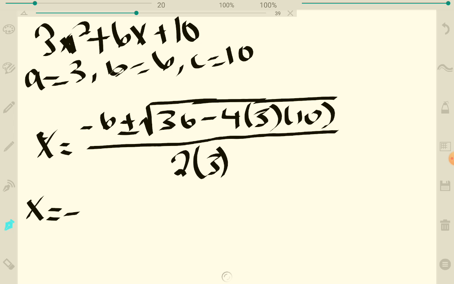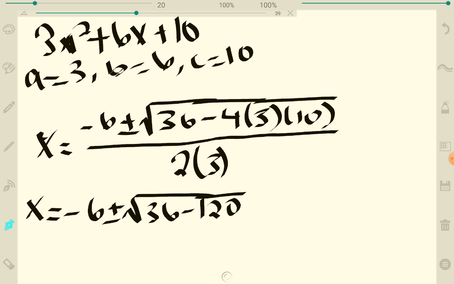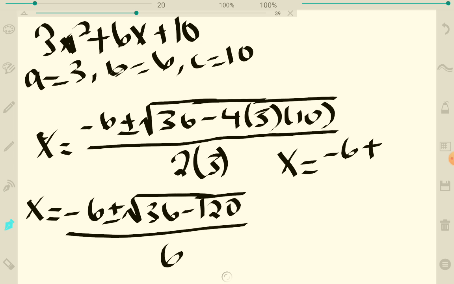When we simplify, we get negative 6 plus minus the square root of 36 minus 120, divided by 6.